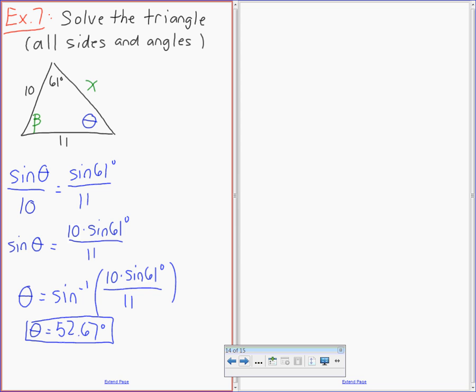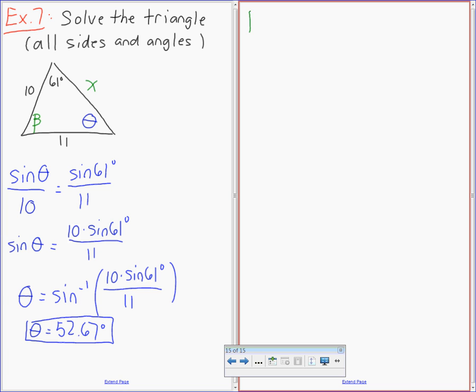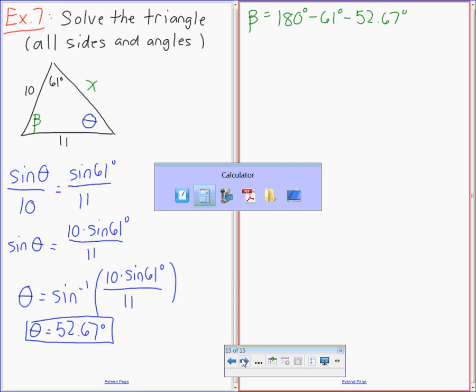All right, Matt, how do you solve for beta? Okay, awesome. What Matt said was all three angles are going to add up to 180. So beta is going to be 180 degrees minus 61 degrees minus 52.67. We're using the law here that all three interior angles of the triangle add to 180.